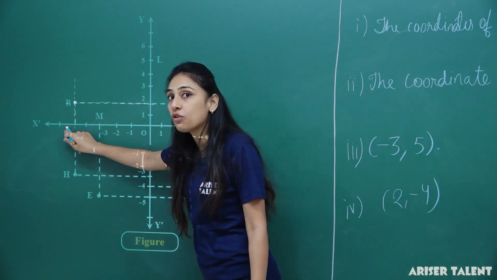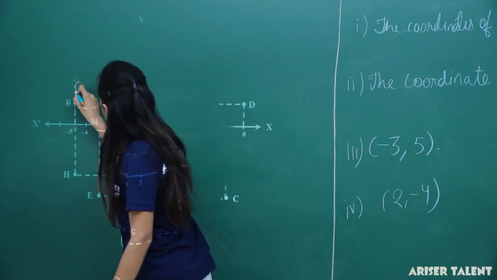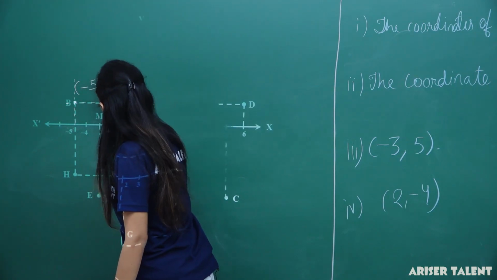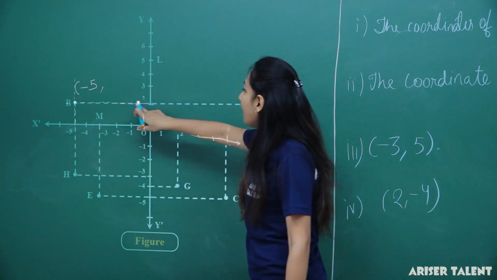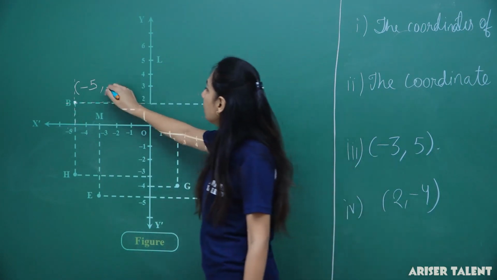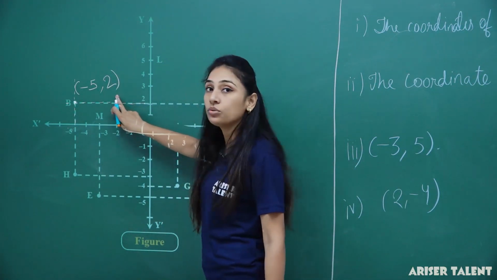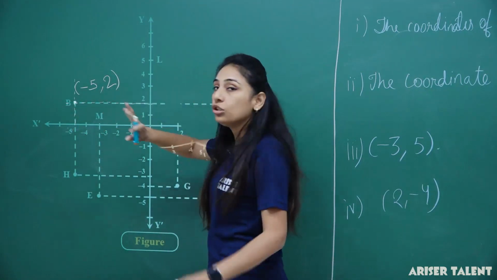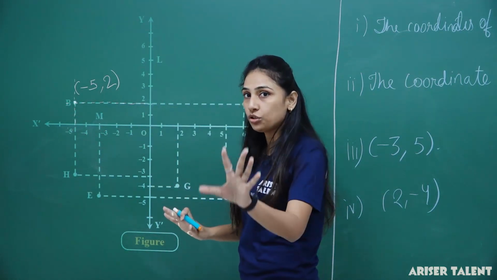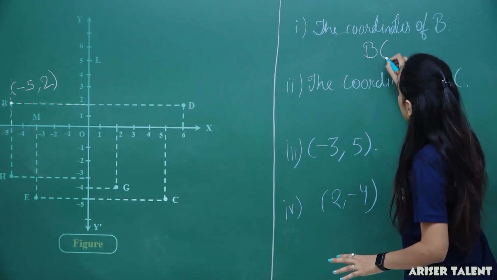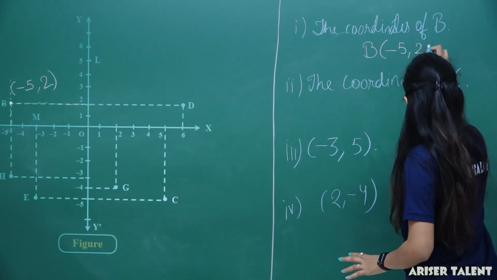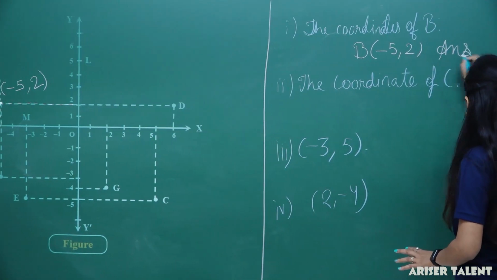So -5 is the abscissa. Now comma, the ordinate: this lies on the y-axis at location 2. So B is -5, 2, and this is our first answer.